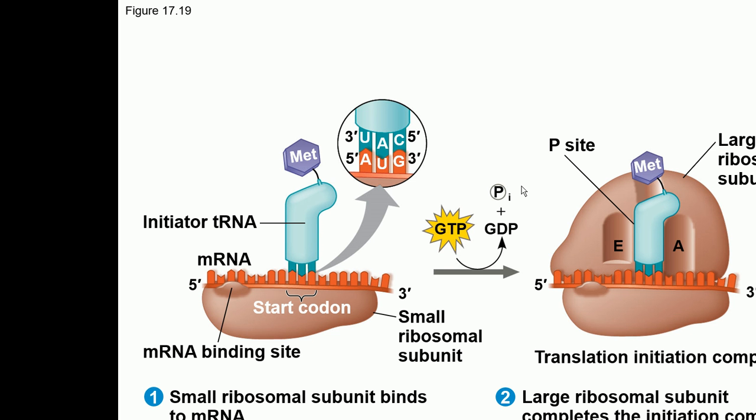It comes here. The uncharged transfer RNA moves from the P site to the E site. And then this amino acid forms a bond with the amino acid which is attached to the transfer RNA which is here.